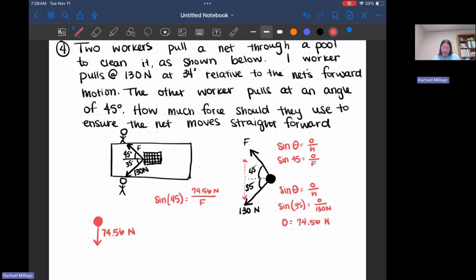Now I have to rearrange this to get force all by itself. To do that, I might say force times sine 45 equals 74.56 newtons, and then say force equals 74.56 newtons divided by sine of 45.